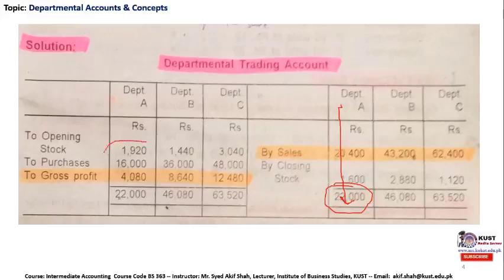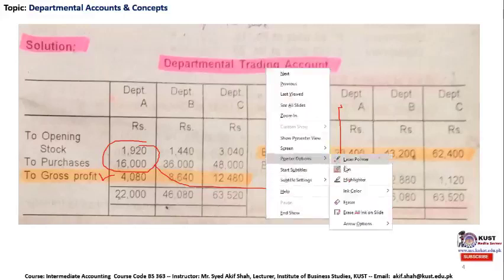On the left hand side, we need to sum up the first two values, which are opening stock and purchases. And this value is quite less than the right hand side column value. So the difference between the two is our gross profit, which is 4,080 rupees for Department A.